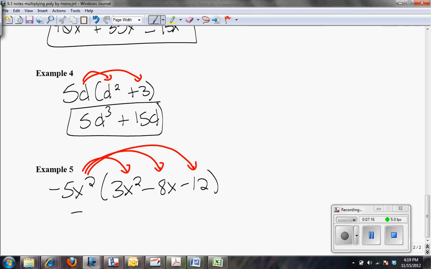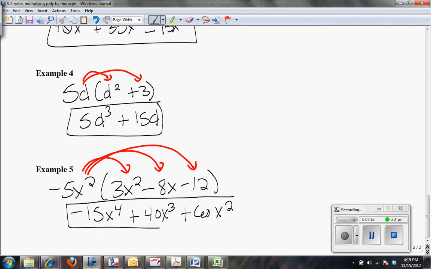So I'll end up with negative 15x to the fourth plus, because negative 5 times negative 8, plus 40x cubed plus 60x squared. If you didn't get that, or you got something different, write down any questions that you may have so that I can answer them when you get back in class.